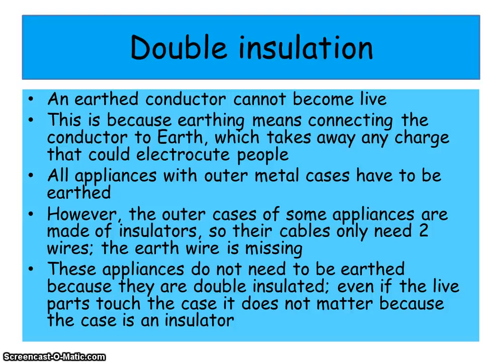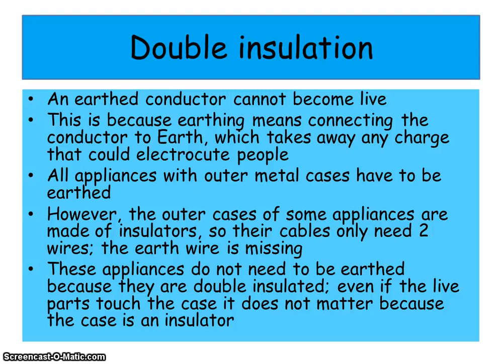Despite being more complex than fuses, circuit breakers have a number of advantages. They switch the current off much faster than fuses, and they can be easily reset and used again, which is obviously really important.